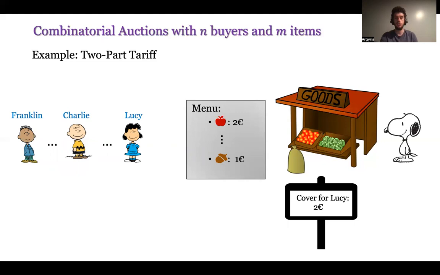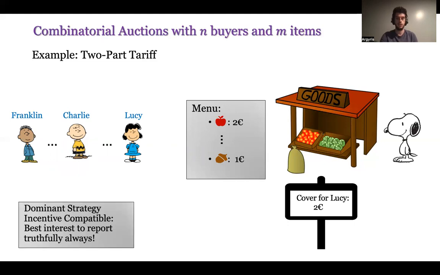The seller only knows the distribution that each buyer's type is sampled from and not their realized type. Moreover, this mechanism is dominant strategy incentive compatible, which means that it is in the best interest of the buyer to report truthfully regardless of what the other buyers are doing.